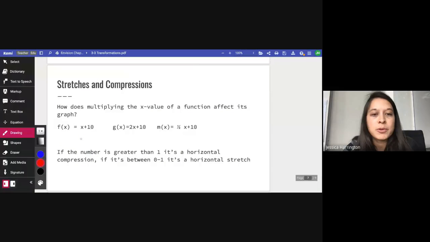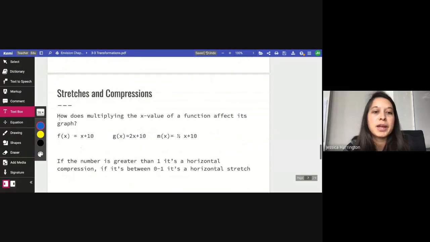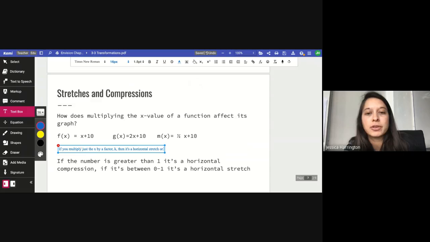So for example, I'm going to write this same thing. If you multiply just the x by a factor, let's call it k again, then it's a horizontal stretch or compression.